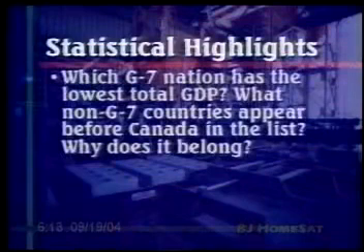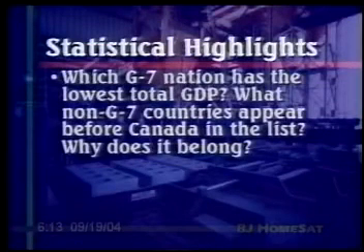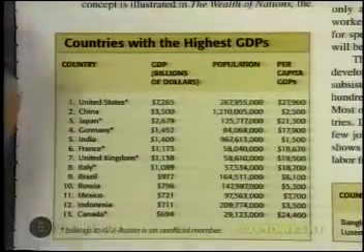Okay? Now, which G7 nation has the lowest total GDP? What non-G7 countries appear before Canada in the list, and why does it belong? So the question kind of gives you a little bit of your answer. Here's Canada at the bottom.